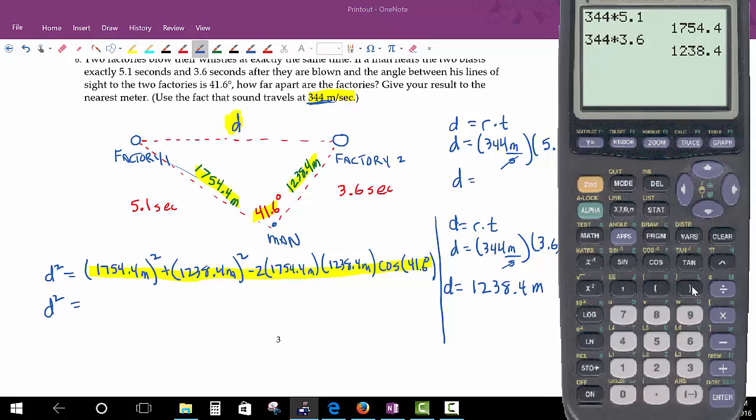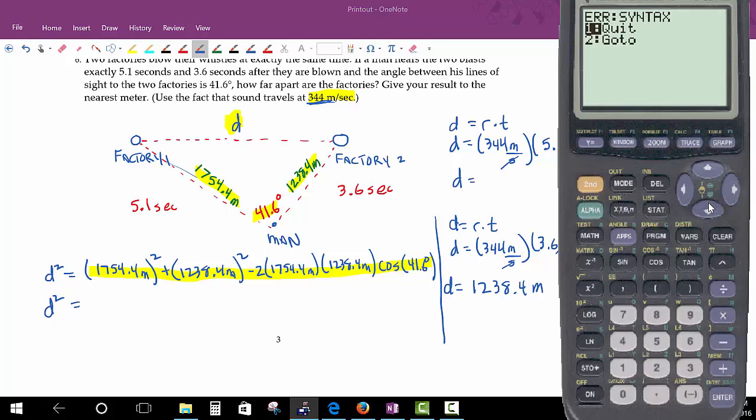So I'll crunch that out in one step: 1754.4 squared plus 1238.4 squared, minus twice the product of those two sides, 1754.4 times 1238.4, and then times the cosine of the angle in between, which was given as 41.6. So I take the sum of the squares of the two sides, minus twice the product of the two sides times the cosine of the angle in between.